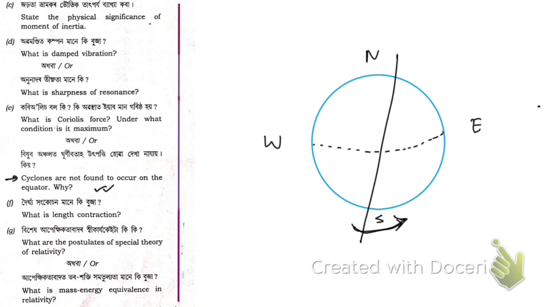let us consider a point here near the pole and one point at equator, and the arc is spinning like this, right? Now you can see the point at equator covers a large distance compared to the distance covered by the point which is at the polar region near the pole, right?